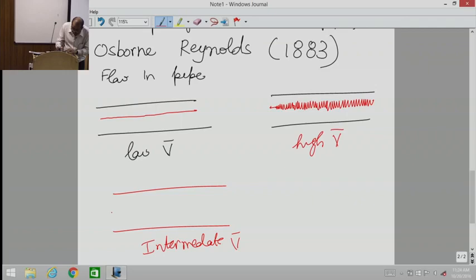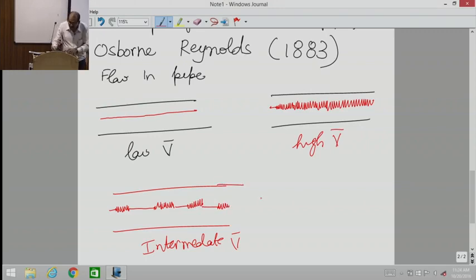So clearly these are two different patterns, and at intermediate velocities, he observed something like this, that the flow would go into a state where it would show this marking, then it would become smooth for some time, then again it would show something like this, then it would go like this, and so on.